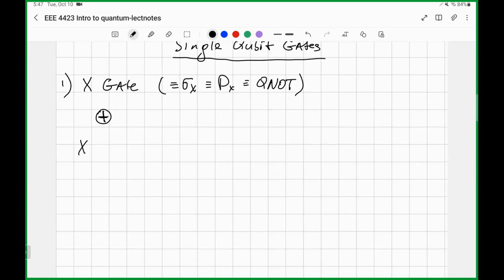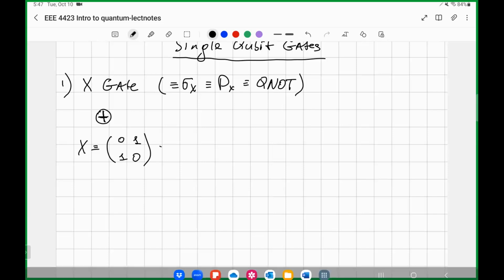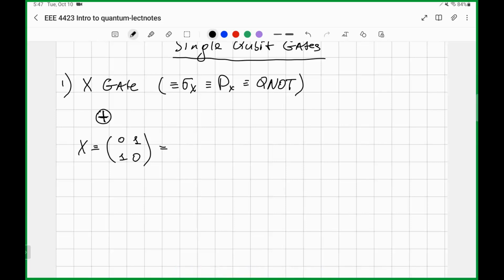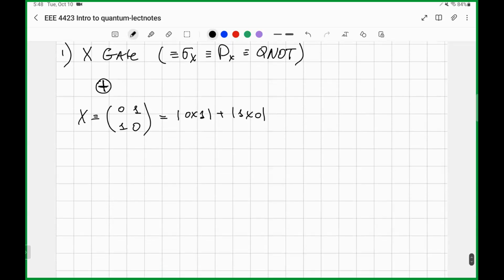So as I said, the matrix of this gate coincides with the X Pauli matrix 0, 1, 1, 0. And in the outer product representation it is given by |0><1| plus |1><0|. So if I consider the state 0 and act this operator on the state 0, what would I get?